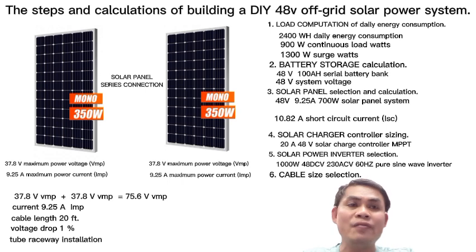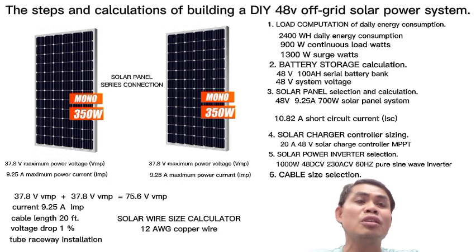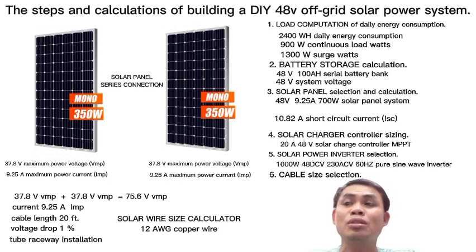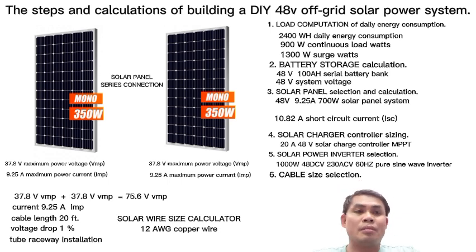We put all of these numbers into a solar wire size calculator that we can find on the internet. According to this calculator, we will use a 12 AWG copper wire. But if we like 0% voltage drop, we can use a size larger than this 12 AWG copper wire.